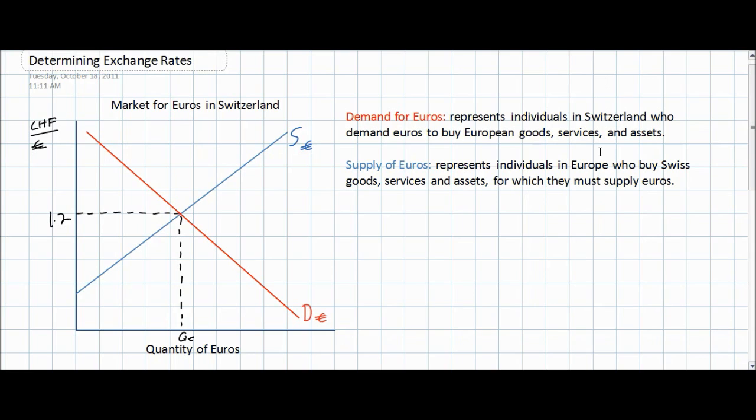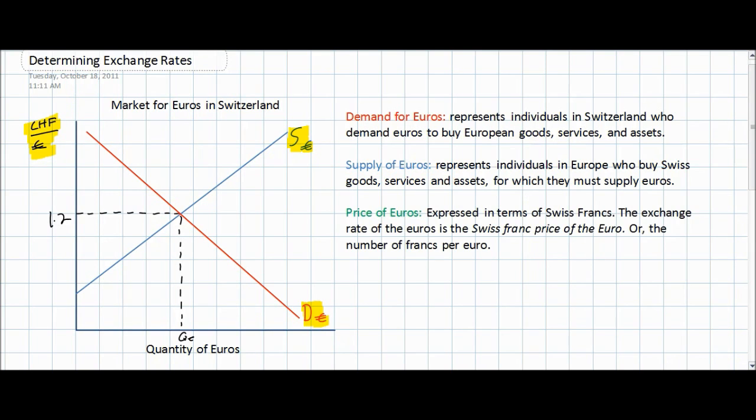Next, let's look at some of the labels on our foreign exchange diagram for euros in Switzerland. The price of a currency is known as the exchange rate, or in this case, the price of euros is always expressed in terms of the number of Swiss francs per euro. Therefore, on our vertical axis, we put CHF, which is the abbreviation for Swiss francs, over euros.